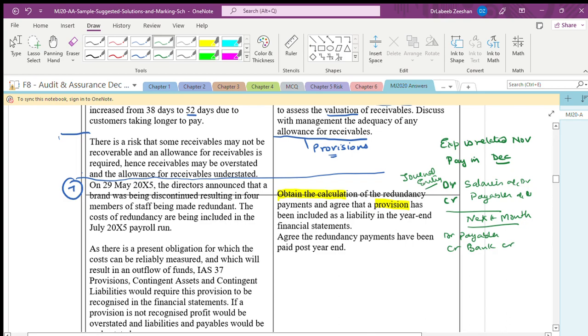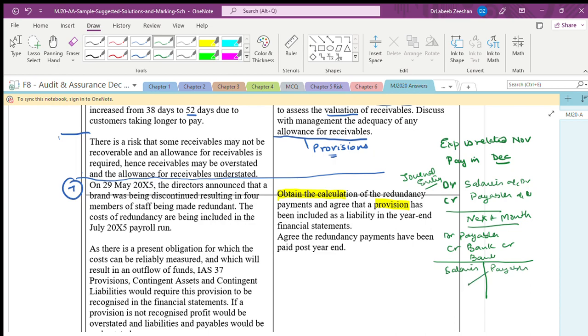See, this is where you put a T account also. If you take into consideration bank, you will put it as salaries, then you put it as payables.